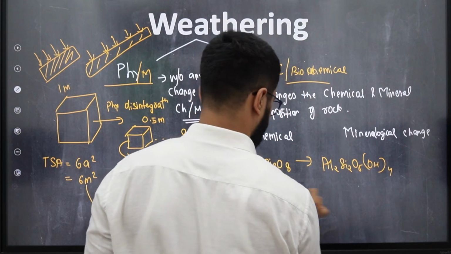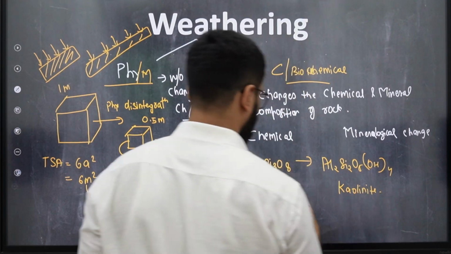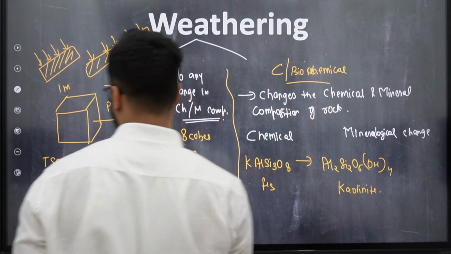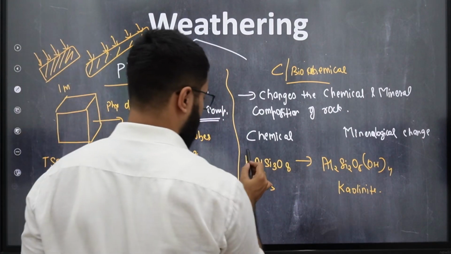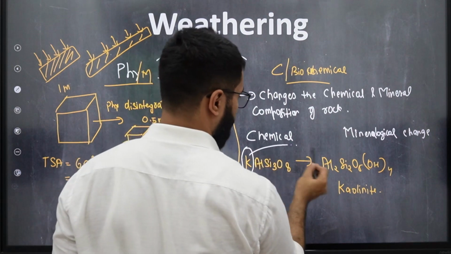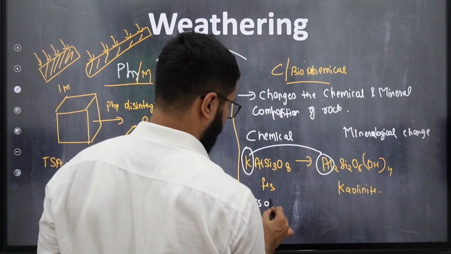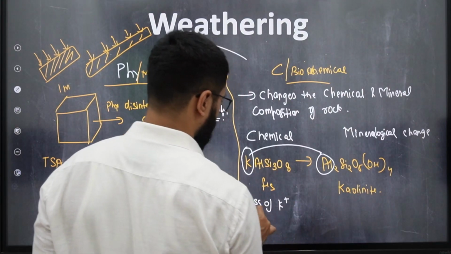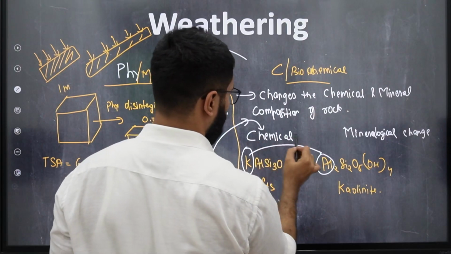This is feldspar. This is a clay mineral, kaolinite. So in weathering, generally feldspar changes to kaolinite. What happens is this K plus is replaced by this aluminum. Loss of K plus. This is known as chemical change.